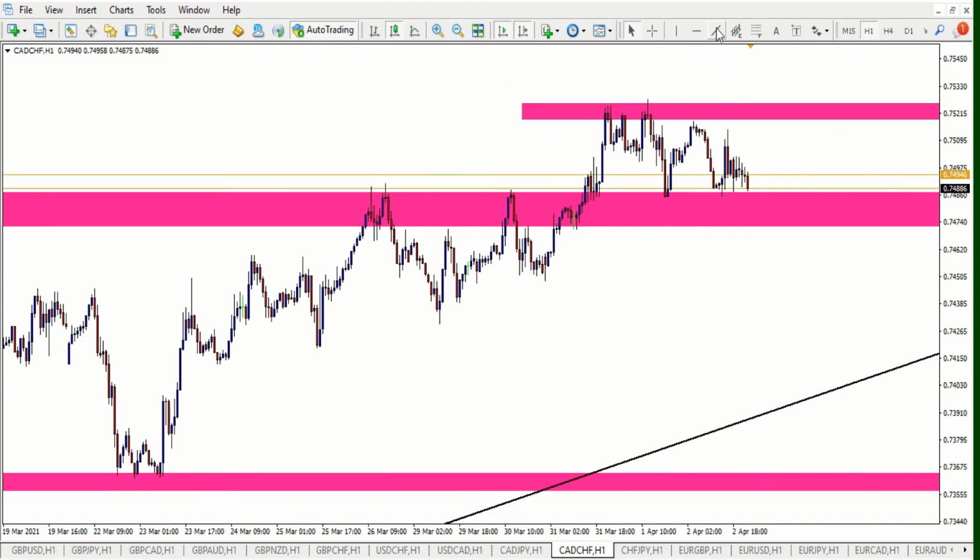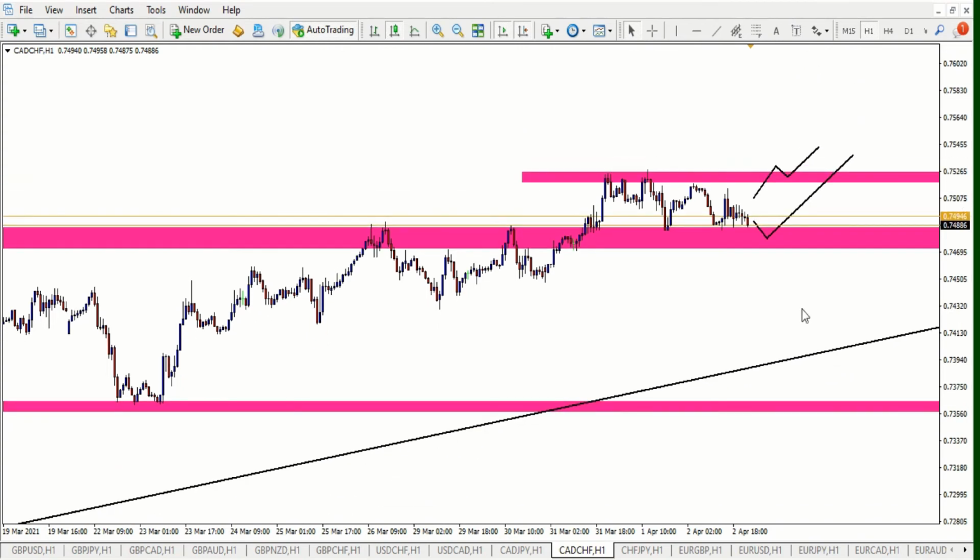So what I'm expecting is for the market to move probably down a bit more in the support, then reject and start moving upwards, or the market similarly could break through that resistance, come back down, and make its way back up. Yeah, so that's what we're looking for the CAD and the Swiss franc.